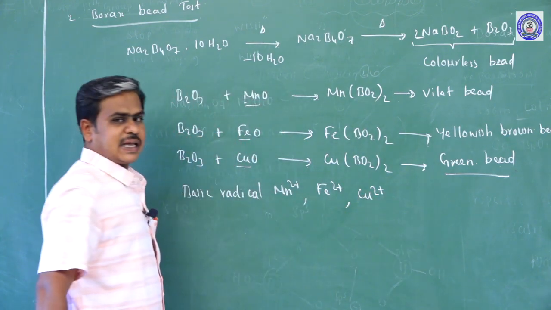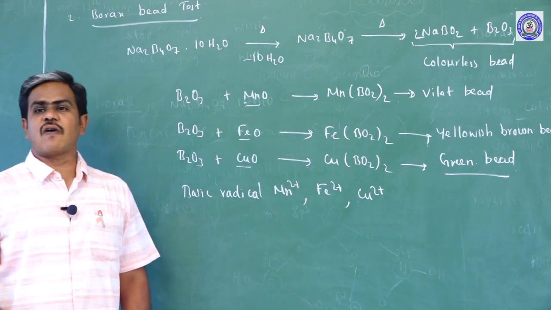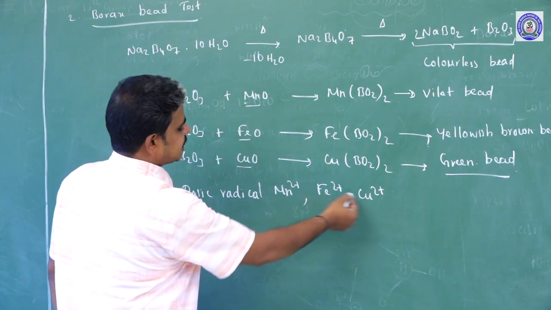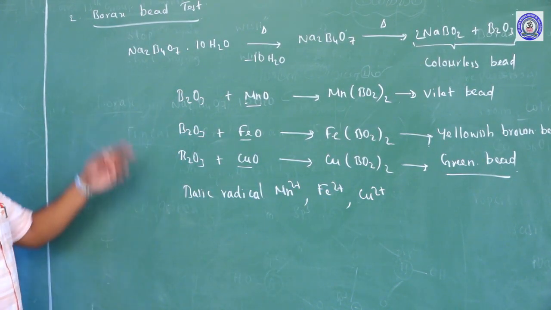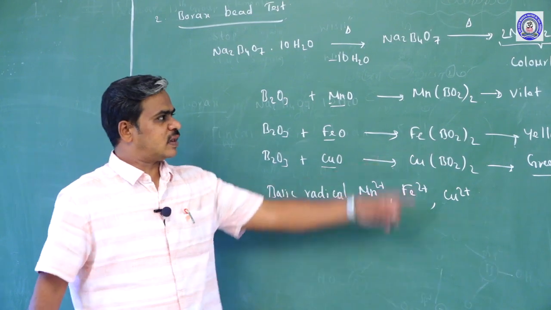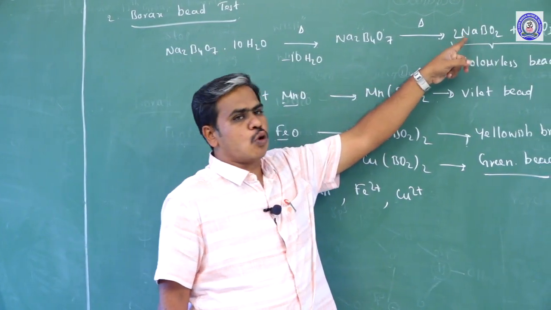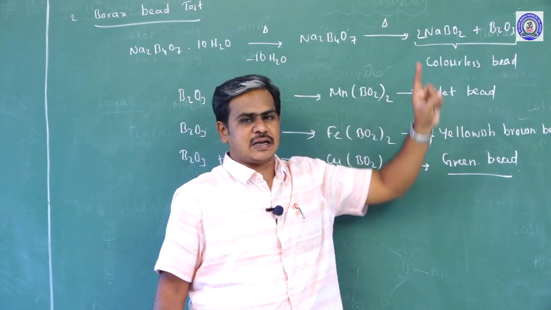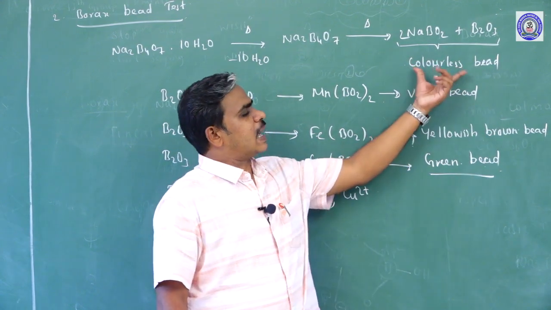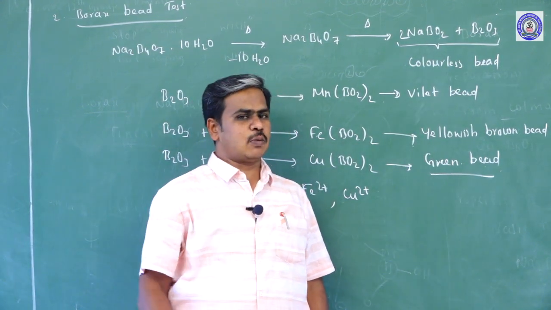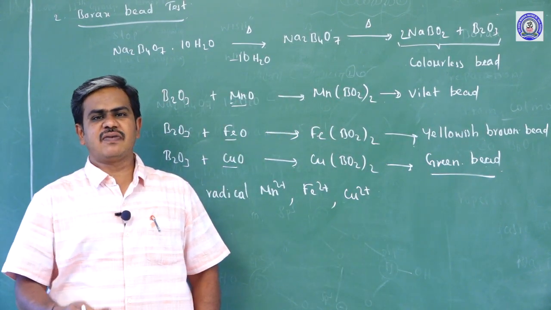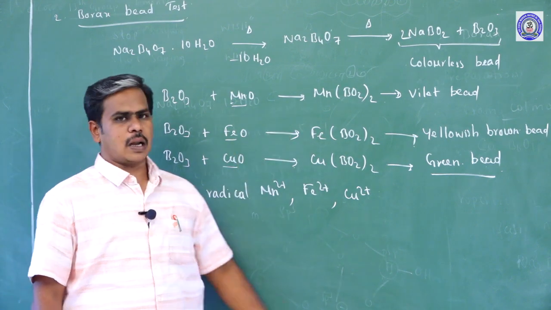These are all basic radicals which are identified in qualitative analysis. So, the borax bead test consists of sodium metaborate and boric anhydride, a colorless bead, which is dipped with platinum wire, and we may get a different color. From that different color, we may identify the basic radical of a metal oxide.